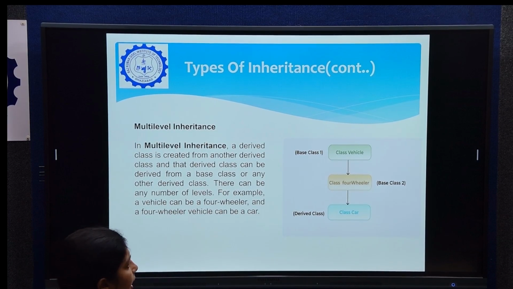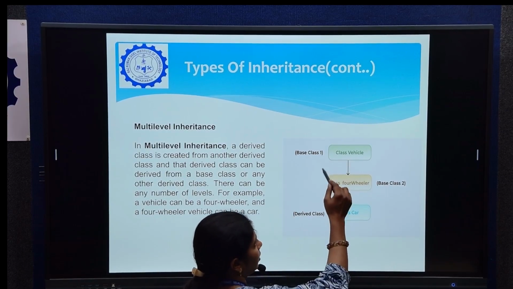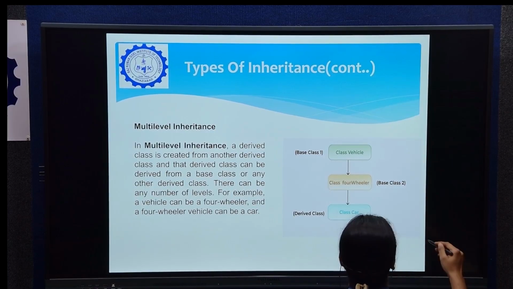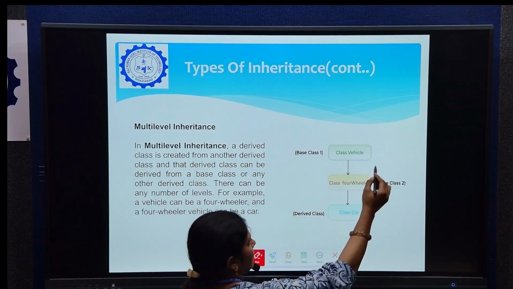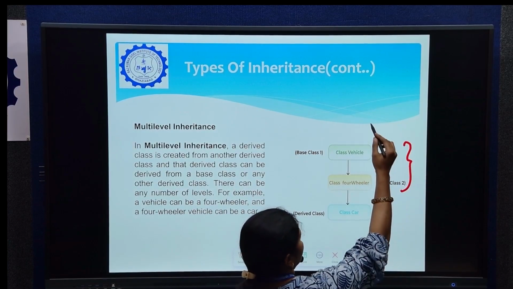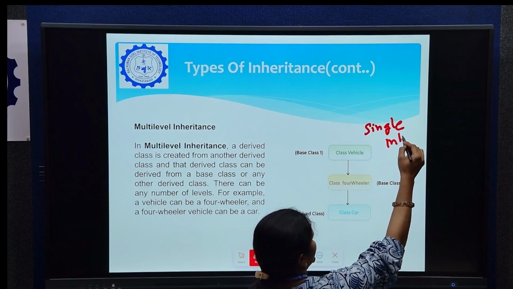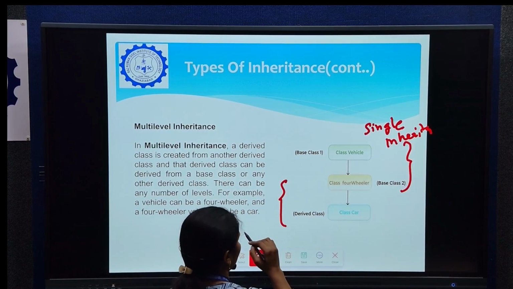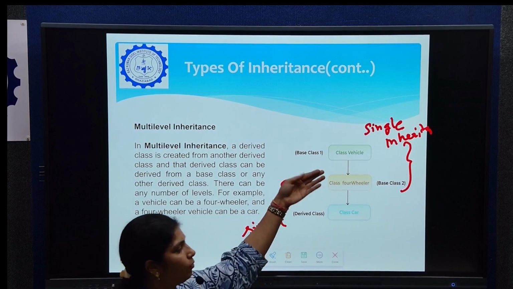In multi-level inheritance, a vehicle class is there. We can say this is single inheritance, right? This is another single inheritance, right? So what is happening here?